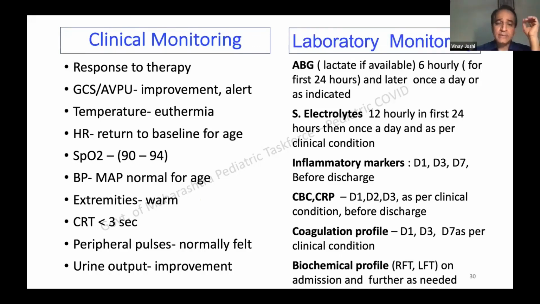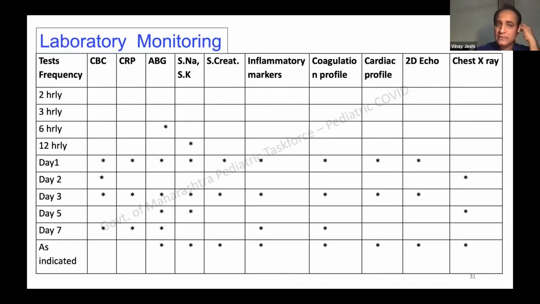Now, this next table gives you the summary of laboratory monitoring. I think this is what we discussed: how we monitor CBC, CRP, blood gases, electrolytes, inflammatory markers, and coagulation profile. I'm focusing on cardiac profile and 2D echo.